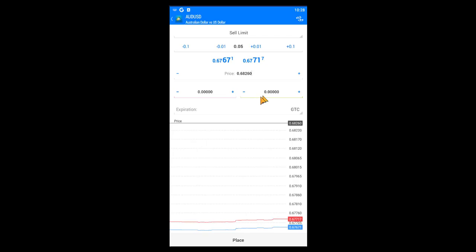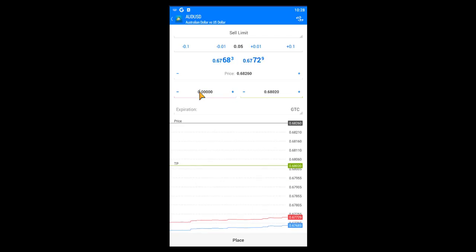And of course, don't forget this place is for your take profit. So our take profit price will be 0.68020. Then our stop loss would be 0.68500. So we have furnished all of the prices we need.